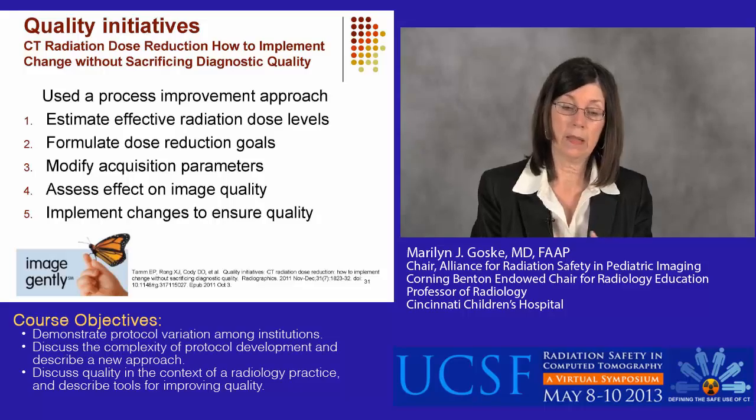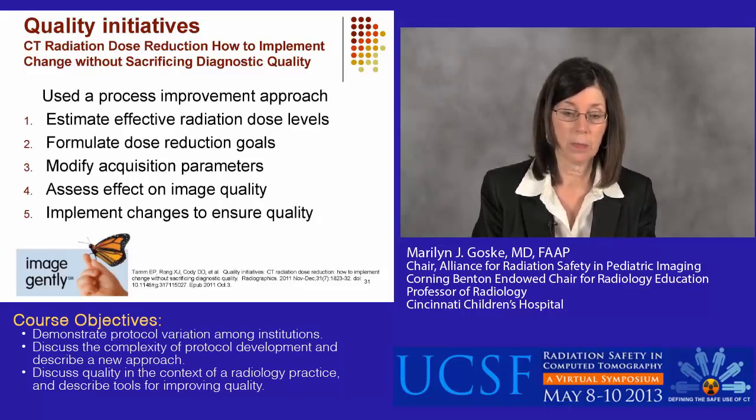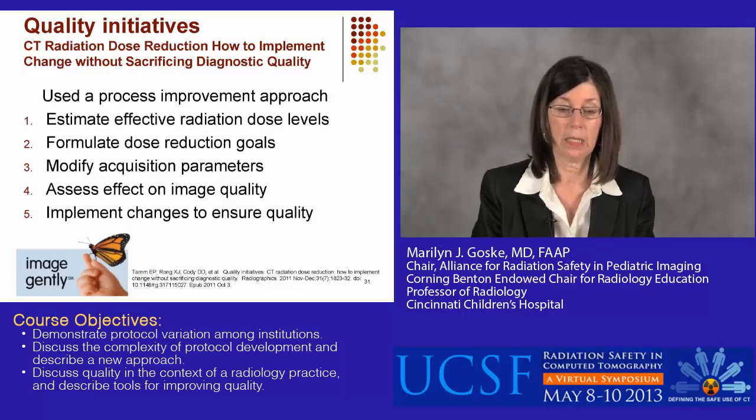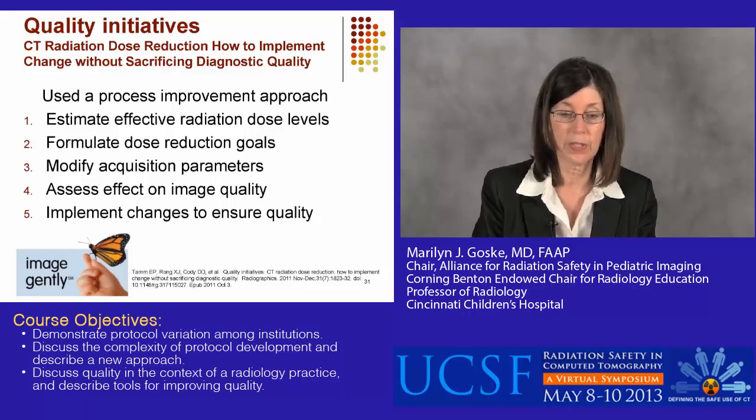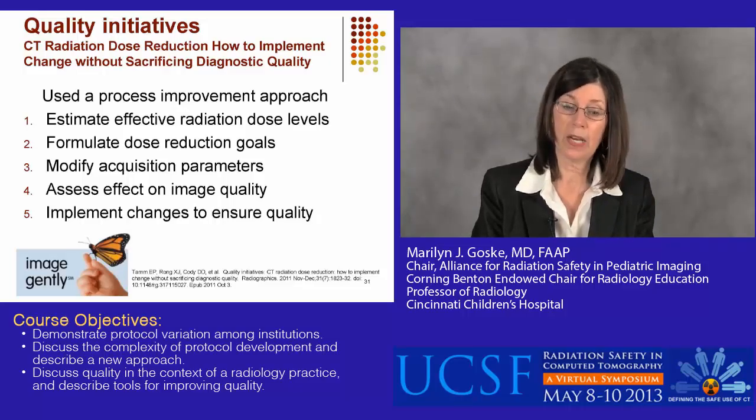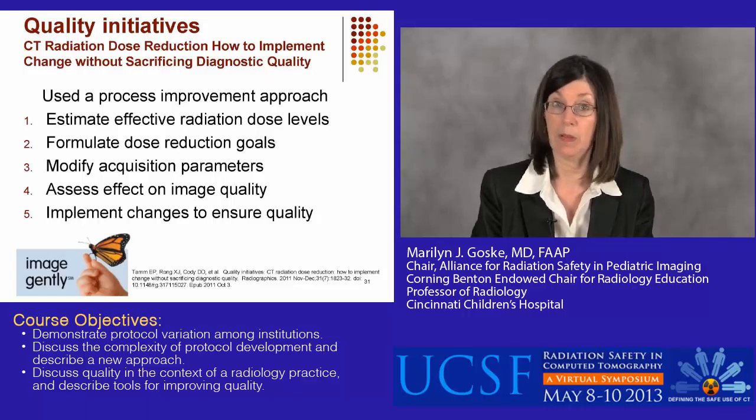And again, they used a process improvement approach to estimate effective radiation dose levels. They formulated their goals, how much they wanted to reduce the radiation dose using effective dose. They then modified their acquisition parameters, again, before the patient was scanned, and then looked at the implications for image quality.